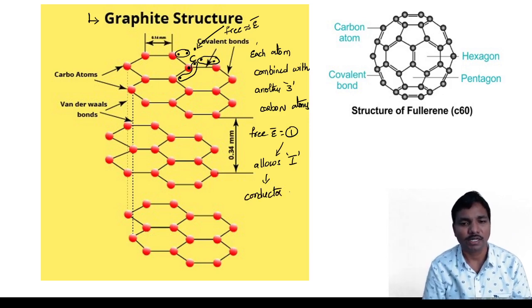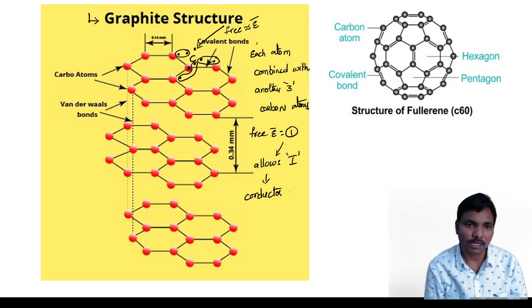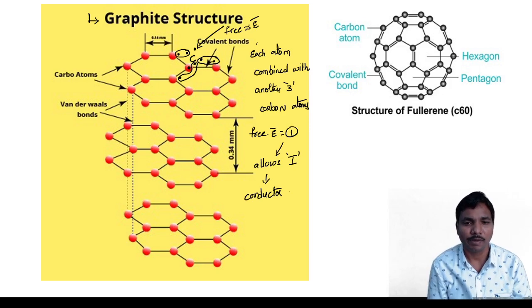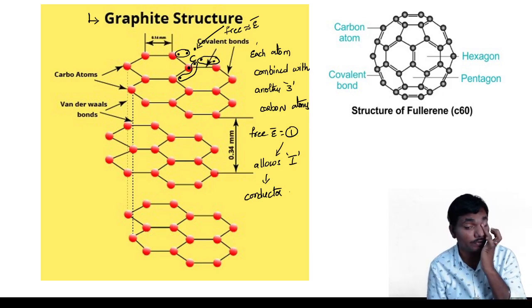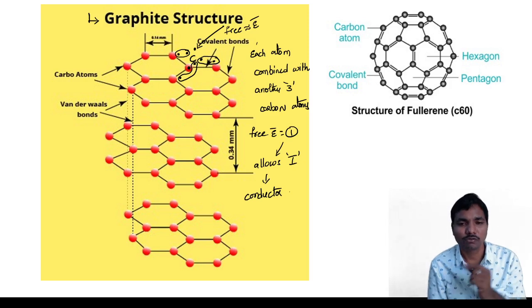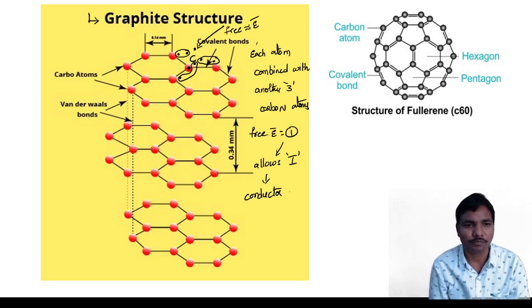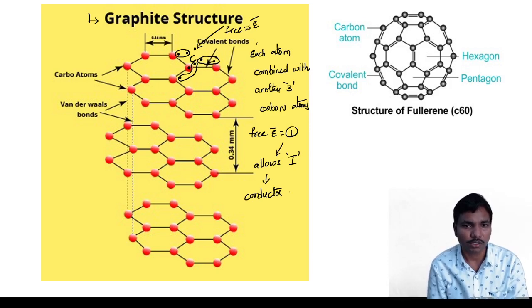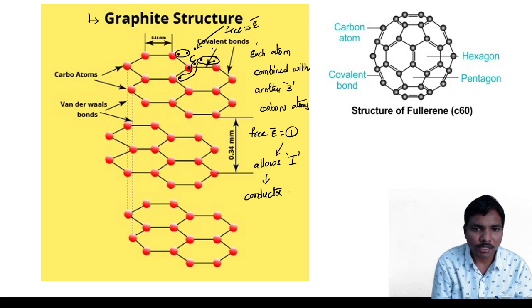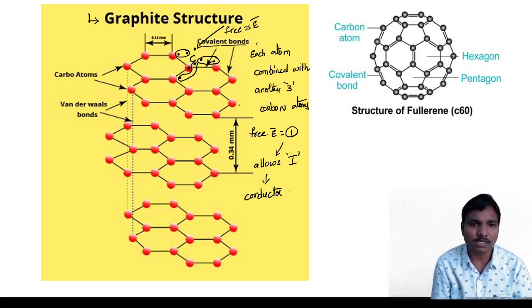Why does graphite act as a conductor and why does diamond not? Because in the graphite structure we have free electrons. Those free electrons allow the current through it. Here between the carbon atoms we have the covalent bonds.